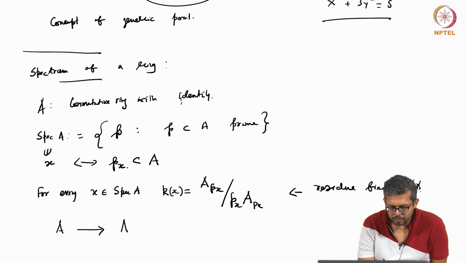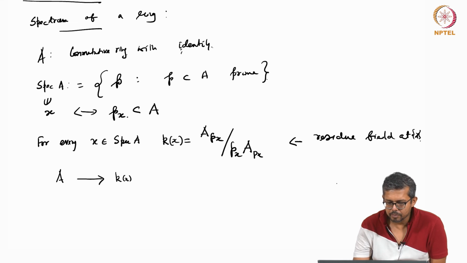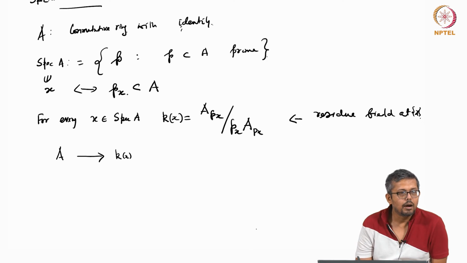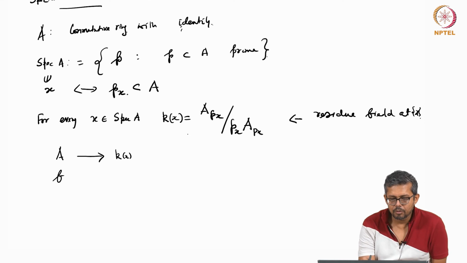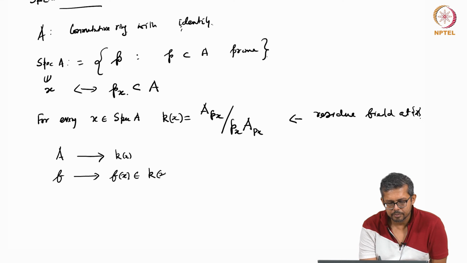You take the element f, it goes to an element in A_{P_x} because there is a natural localization map, and then you quotient by this ideal. So you call that f(x), and this f(x) is an element in k(x).